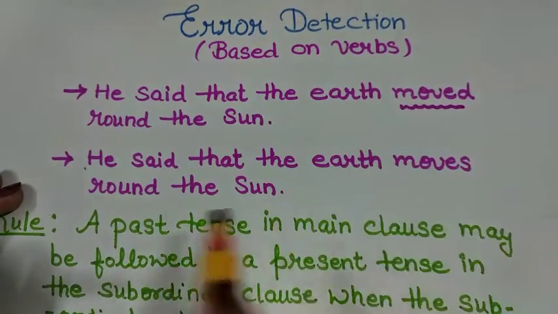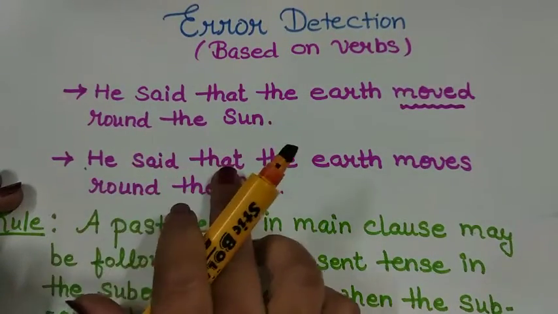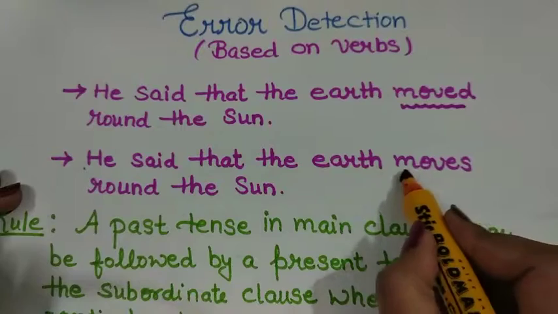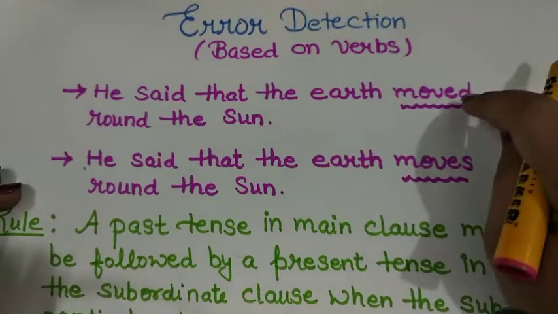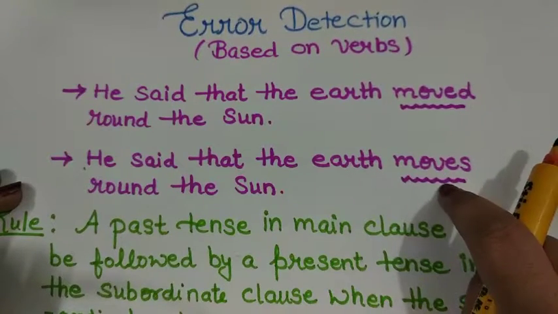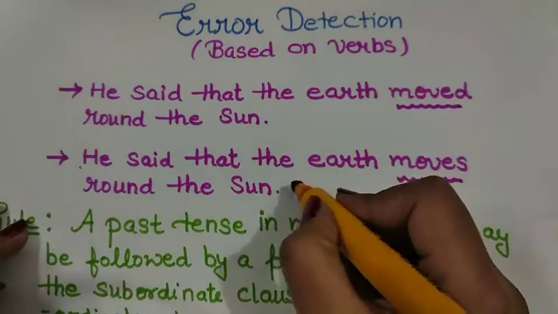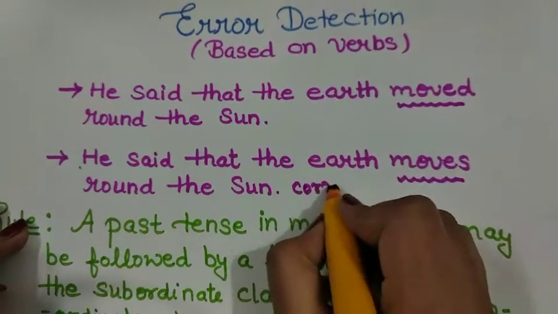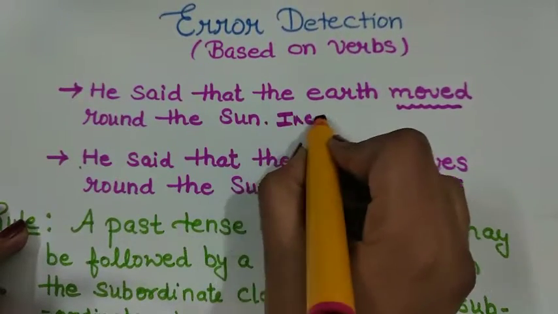But in the next sentence, I have written moves around the sun. This is the main difference. Actually, the second sentence is the correct sentence, and the first one is incorrect.